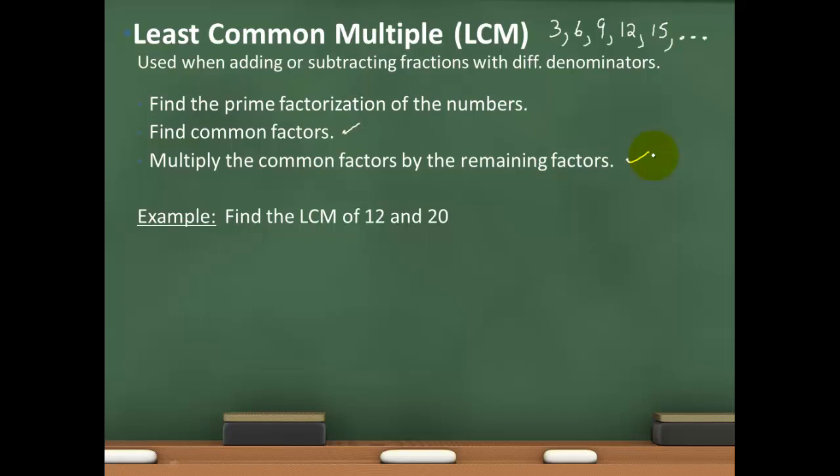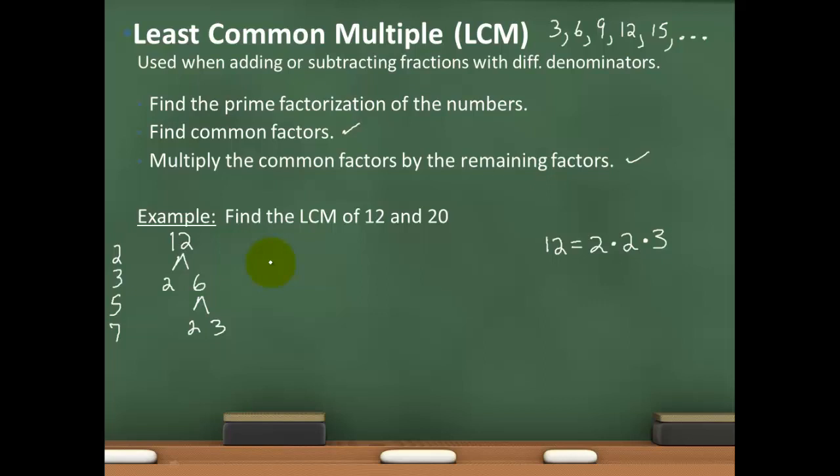All right. If I look at 12, I'm going to find the prime factorization of 12. Remember your first few prime numbers: 2, 3, 5, 7, so on and so forth. 12 can be written as 2 times 6, and 6 can be written as 2 times 3. So I'm going to write 12 as 2 times 2 times 3.